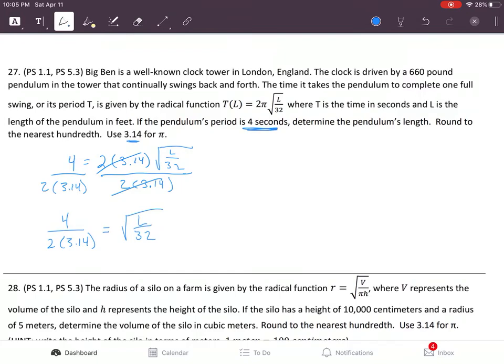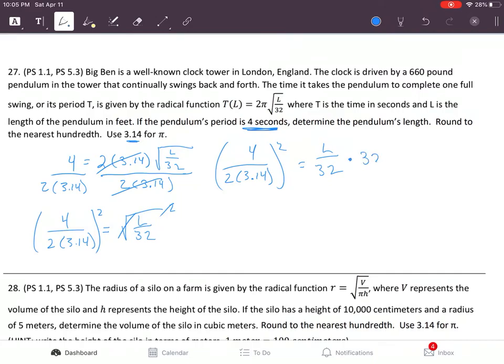Now we have the L over 32. Now, to get rid of the square root sign that's by itself now, we have to square both sides. That goes away. So now I have 4 over 2 times 3.14 squared equals L over 32, because the square and the square root go away.